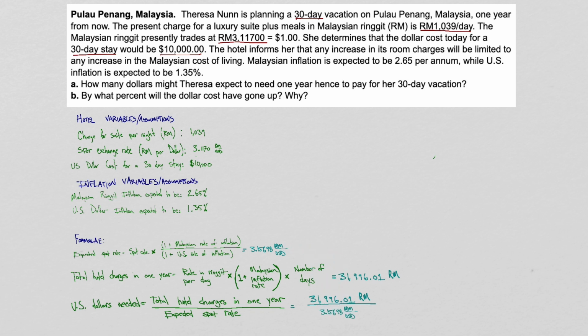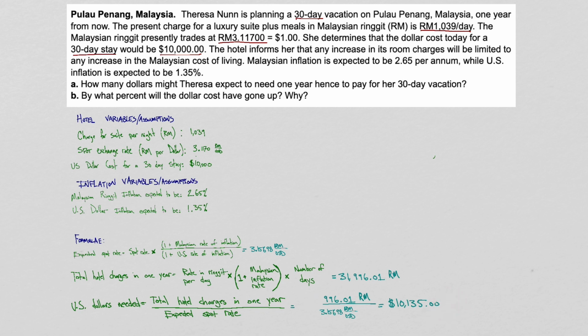And that gives us our answer in dollar terms, ringgit divided by ringgit per dollar, of $10,135. That's how many dollars Teresa might expect to need 1 year from now to pay for her 30-day vacation.